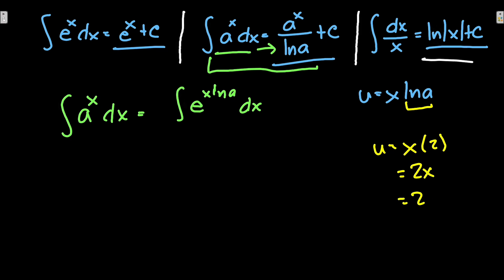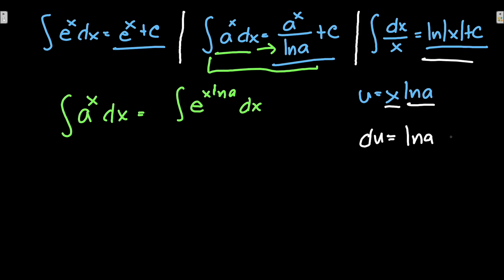By that logic, since ln a is a constant and x is a variable, the derivative of x ln a would be simply ln of a multiplied by dx. And so dx would be equal to du over ln of a.